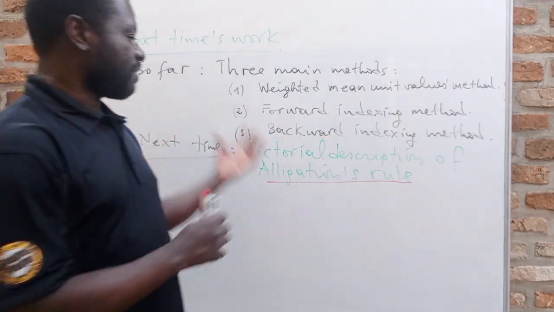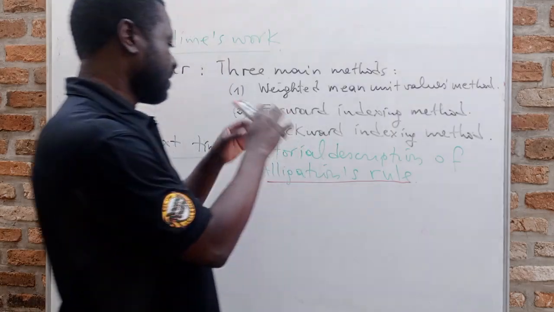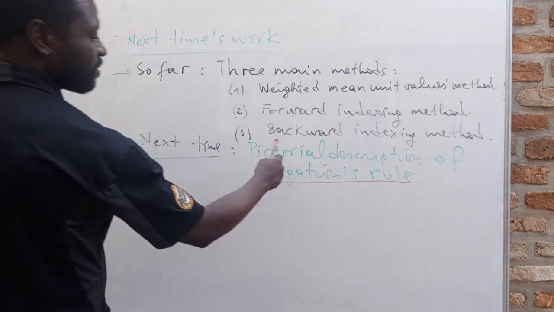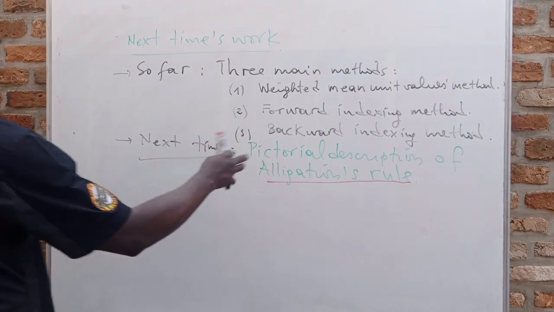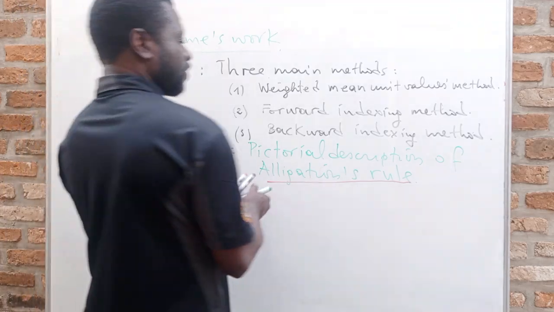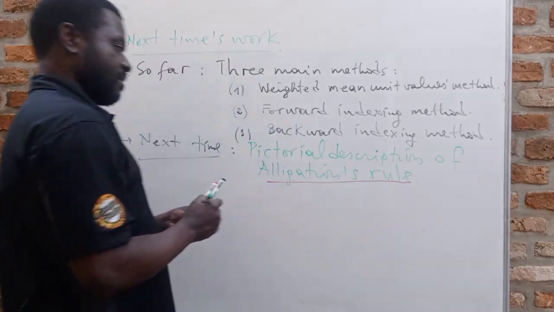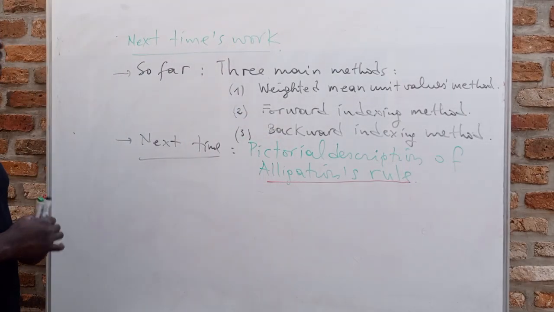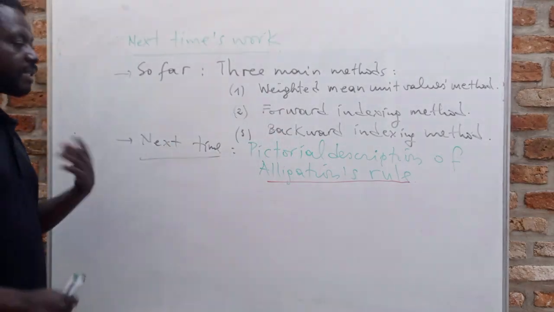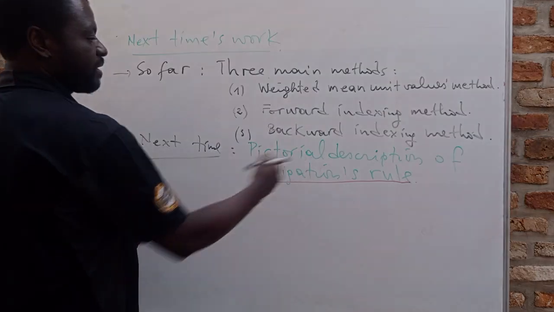Why do we have such a description in terms of a diagram or a picture? That is what we call the pictorial description of what you will find on the internet called alligation rules.